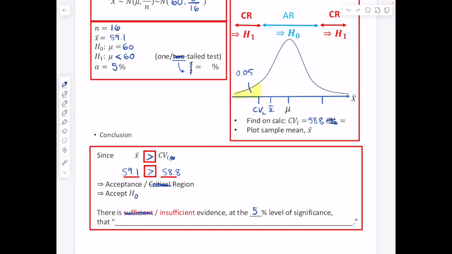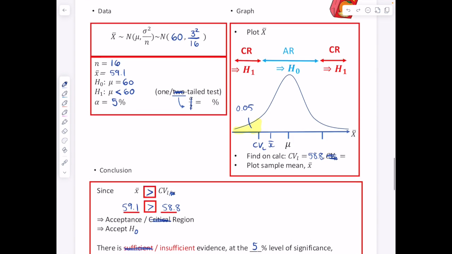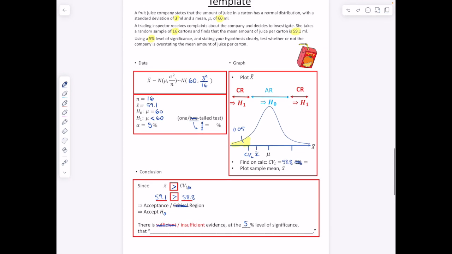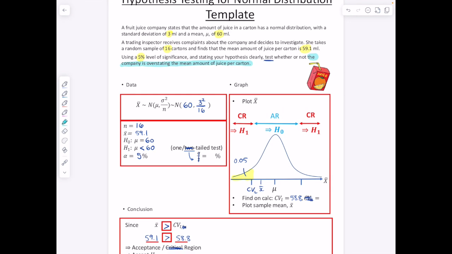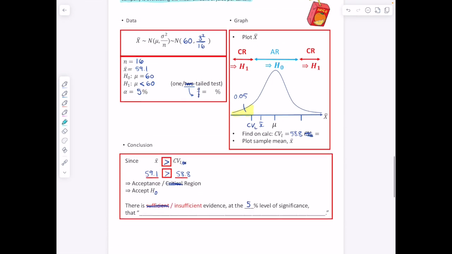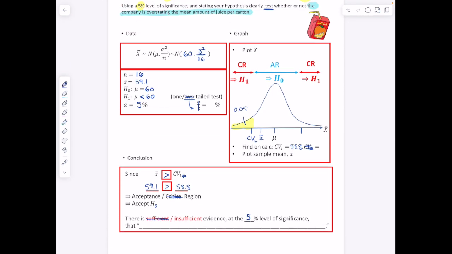And now we're going to quote. You can see I've put quotation marks there. What you're going to do here is go back to the question and look for the word test. It's something after the test that you've got to find and quote. So: "test whether or not the company is overstating the mean amount of juice per carton." That's exactly what we're going to write to show that we understand the question.